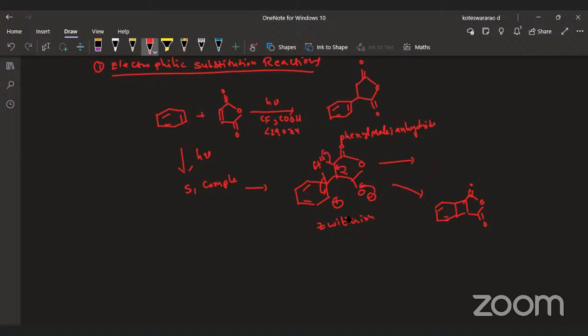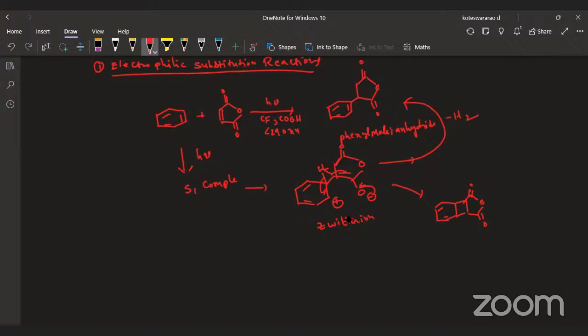It means elimination of hydrogen that leads to the formation of this product. You get here the proton. Now this negative charge is donated to here. That will be donated to this. Whatever the pi electrons are donated to this proton will be rearranged to produce the phenyl maleic anhydride product, the adduct or substituted product.